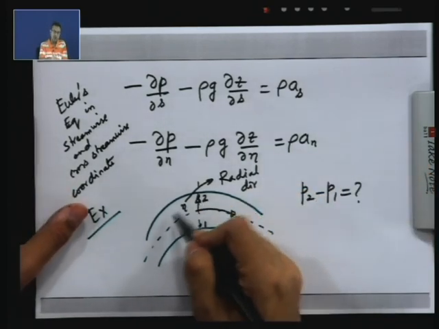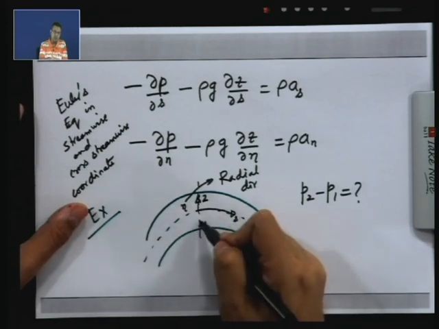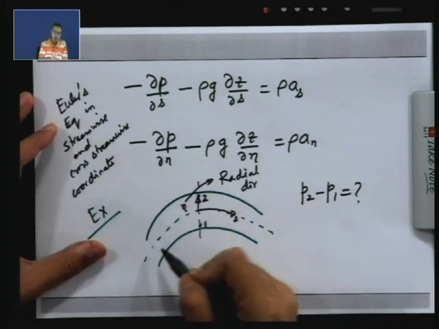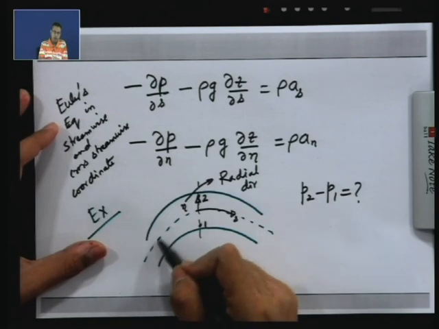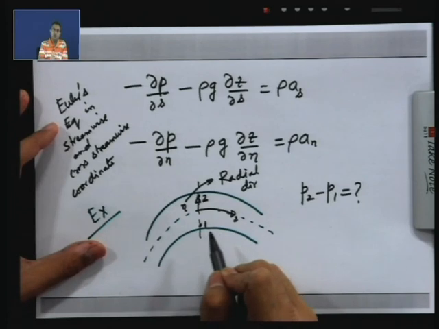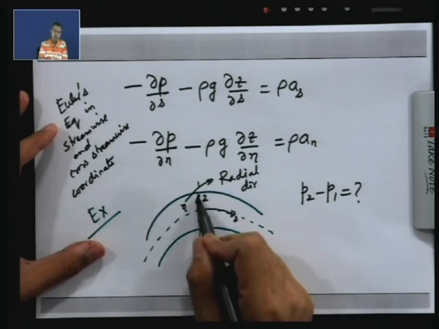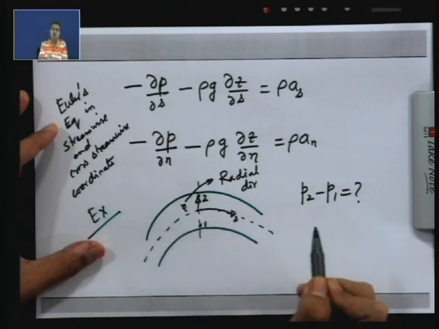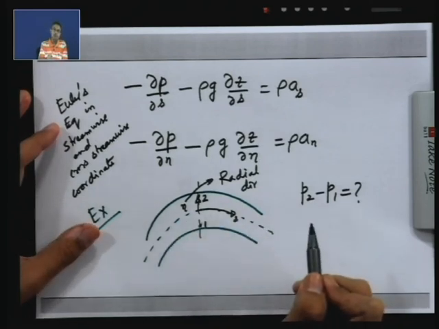Here you can clearly see that the line joining 1 and 2 is not a streamline. Streamlines will be approximately oriented in the direction of the dotted line that is there. In fact, the line joining 1 and 2 is somewhat orthogonal to that dotted line.